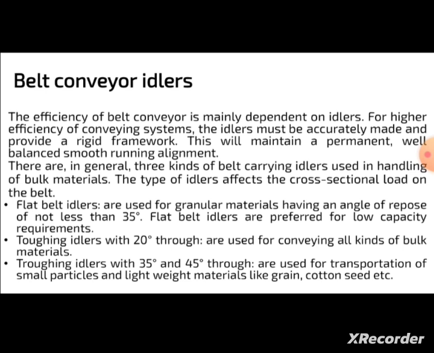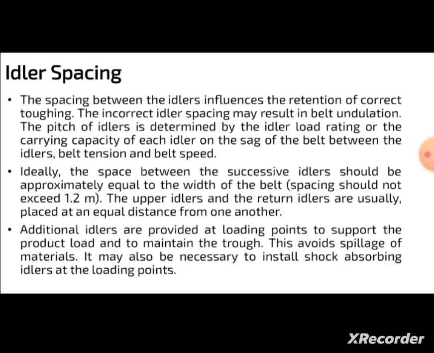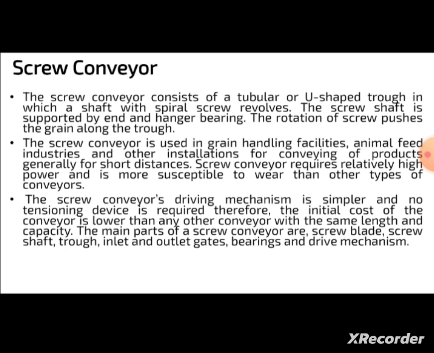These are based on the properties or characteristics of the grains we are transporting from one place to another. The idler spacing needs to be calculated correctly so that the life can be prolonged and we have a good belt life.